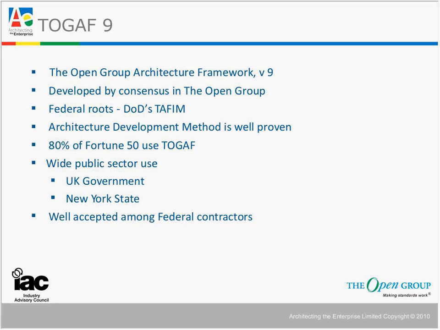It started with DoD's Technical Architecture Framework for Information Management. Its architecture development method is well proven over many years now. 80% of Fortune 50 companies use TOGAF. There's also wide public sector use of TOGAF.